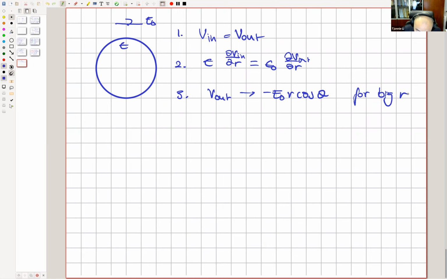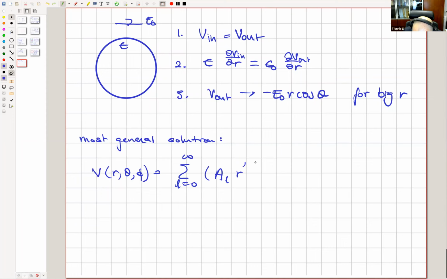Because this is a sphere, and we have complete symmetry around the phi angle, the most general solution is given by V of r, theta, phi, the sum from L equals 0 to infinity of A_L r to the power L plus B_L r to the power minus (L plus 1), times P_L as a function of cosine theta.